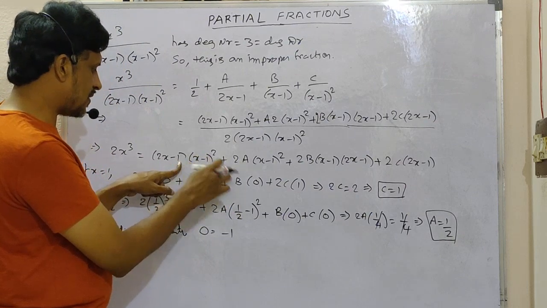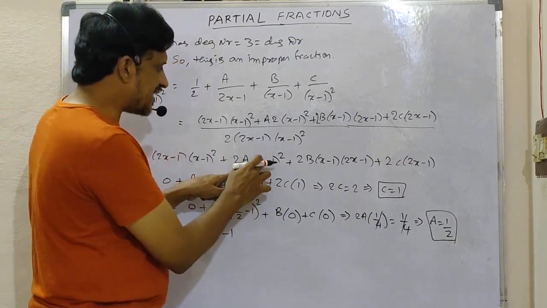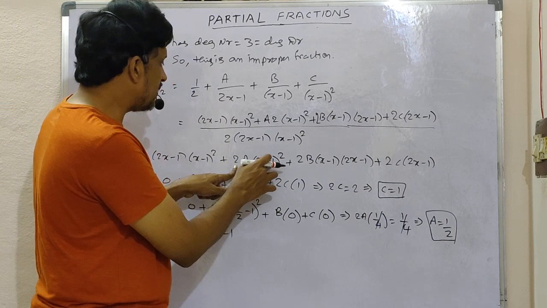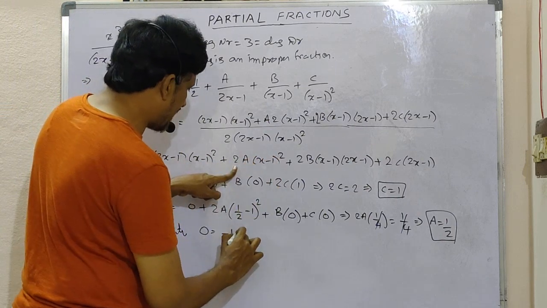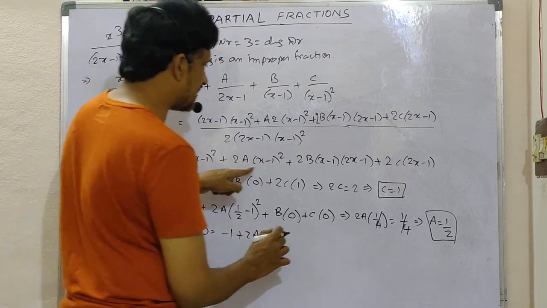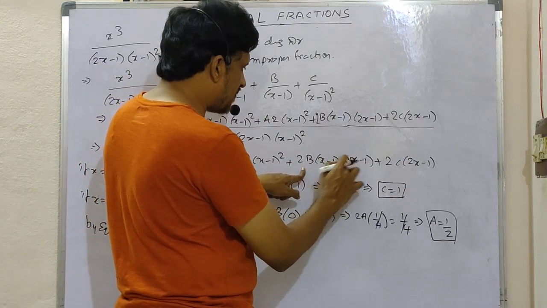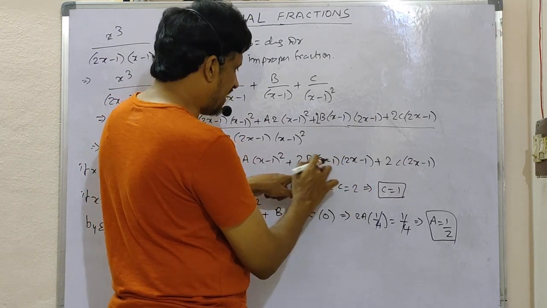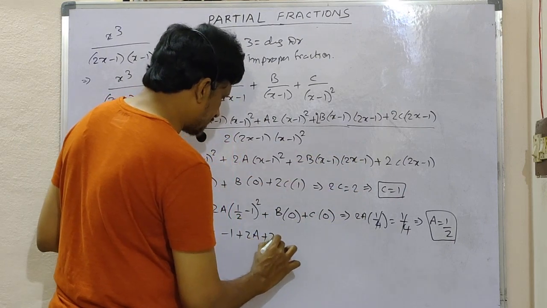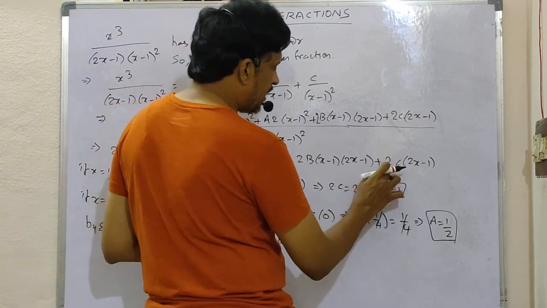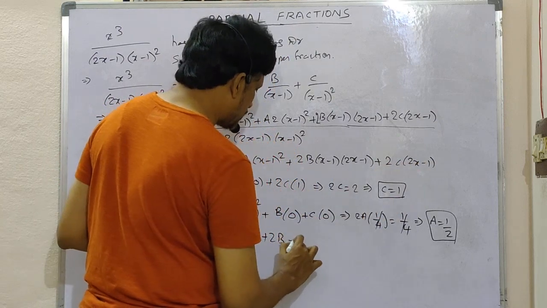So 1 into minus 1 is minus 1. And here it is x square minus 2x plus 1. 1 into 2a will be 2a. 2a is the constant. Here if you multiply these two, minus 1 into minus 1 will be plus 1. So 1 into 2b will be 2b. Here 2c into minus 1 will be minus 2c.